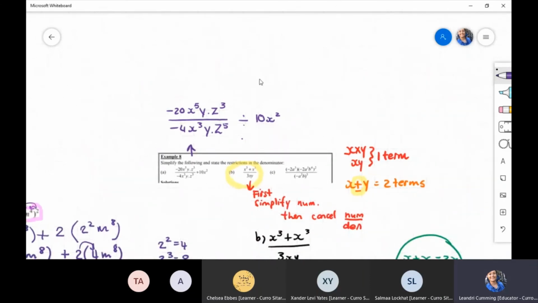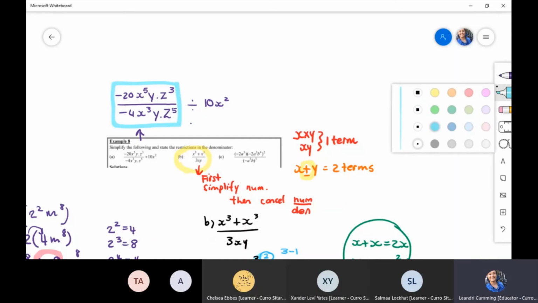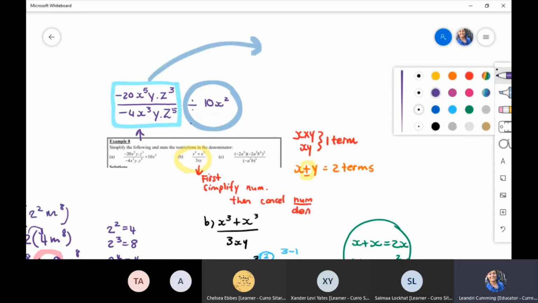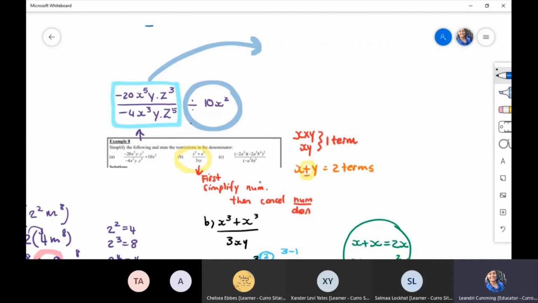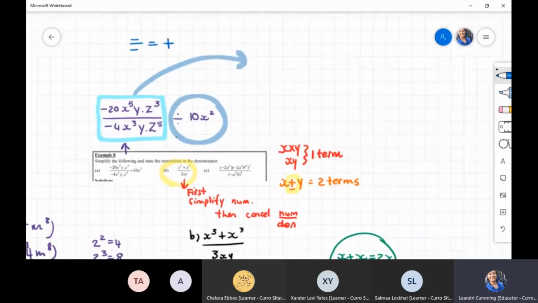Okay, so what we are allowed to do here is we are allowed to simplify the first term. What do I mean, the first term? This fraction here. Altogether, we will have one term, but we need to sort out this part as well. But first, let's start here, okay? What I see is that I am allowed to say negative divided by negative is a positive. So the negatives cancel out. What I can do as well, I'm going to just blow this up a little bit for you.